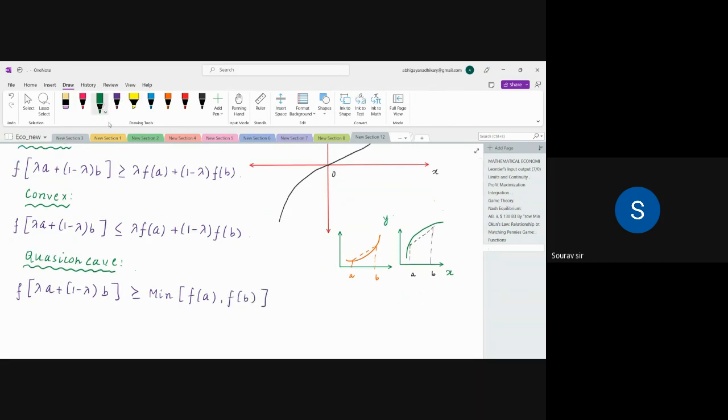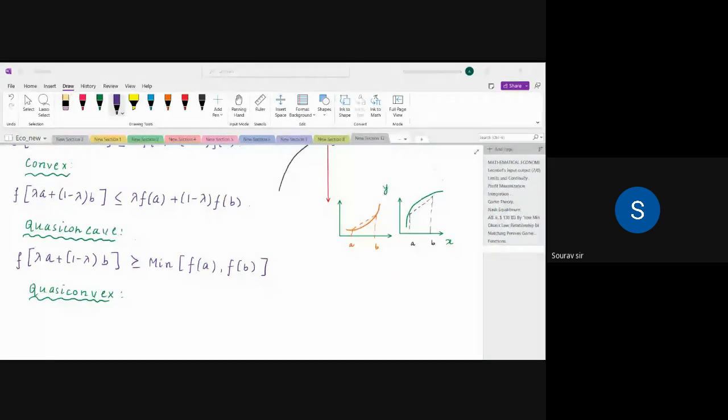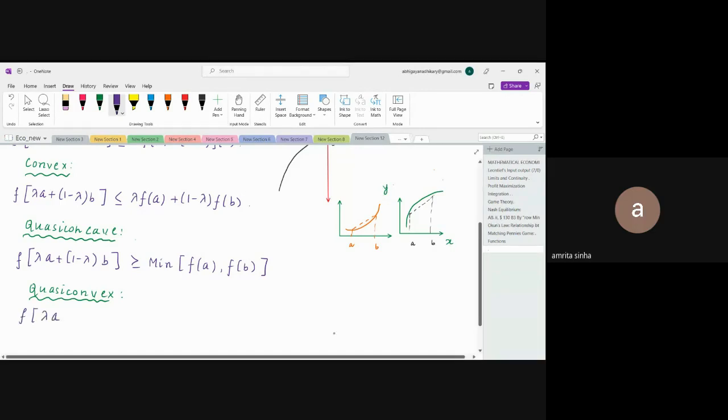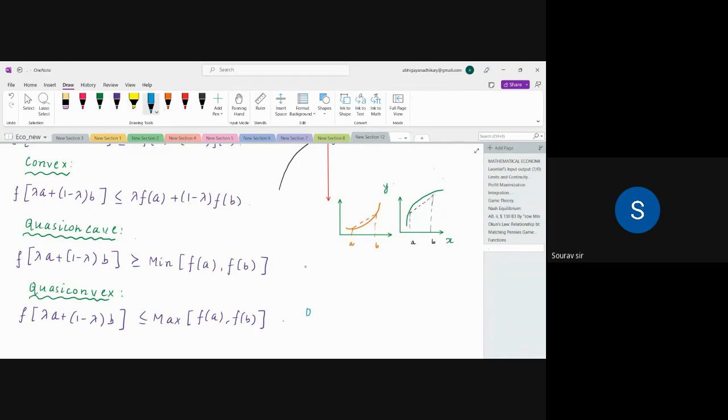And finally, the last one, which is quasi-convexity. What would be this one? The function of lambda a plus 1 minus lambda b is less than or equal to the maximum of f(a), f(b). Yeah. And for all cases, your lambda lies between 0 and 1.